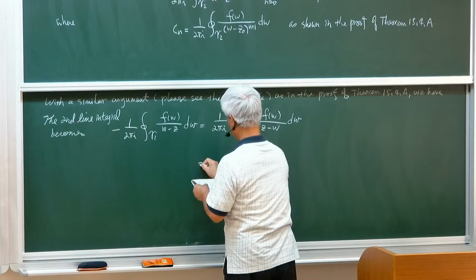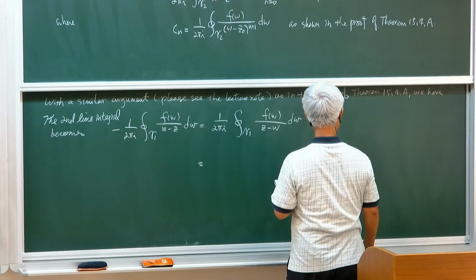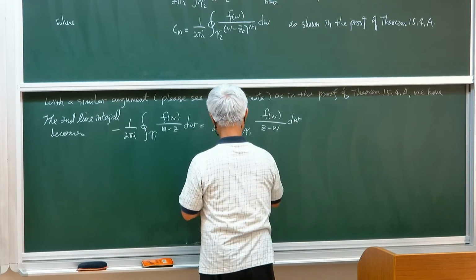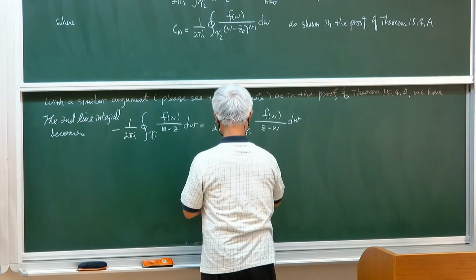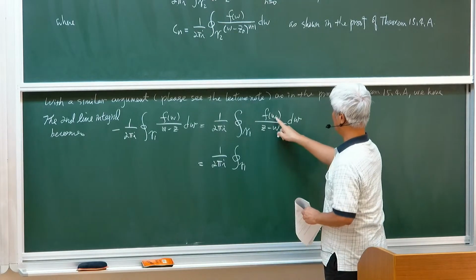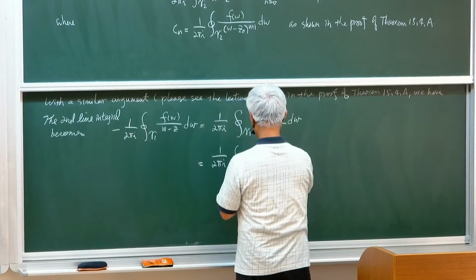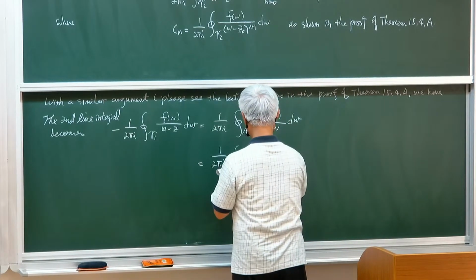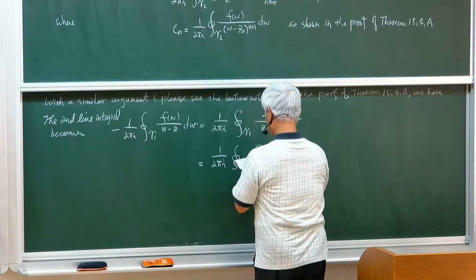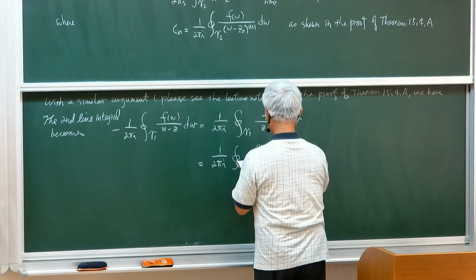And as in the proof of theorem 15.4.8, this function of w, when z is fixed, is actually the limit or the sum of this.